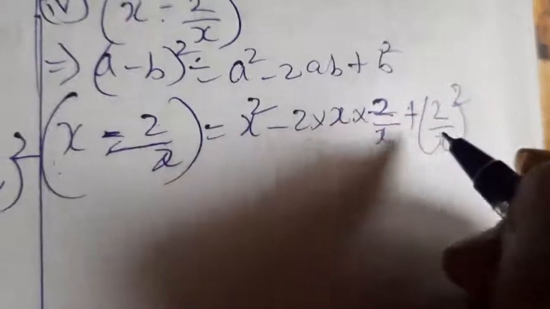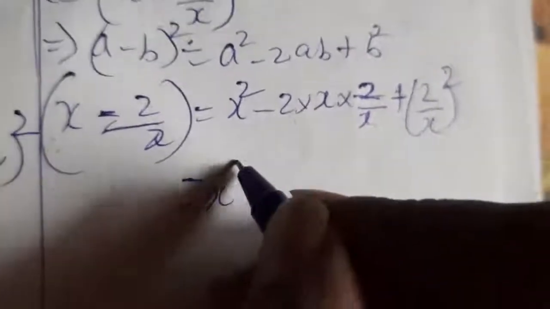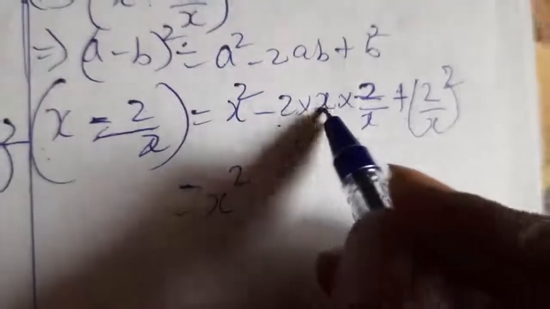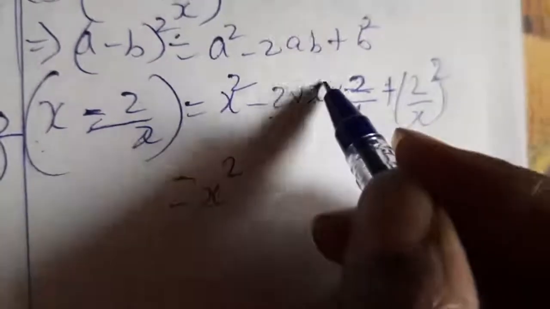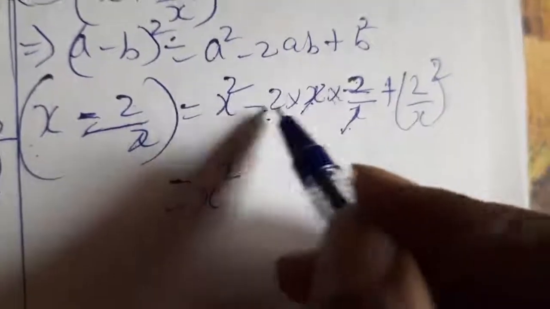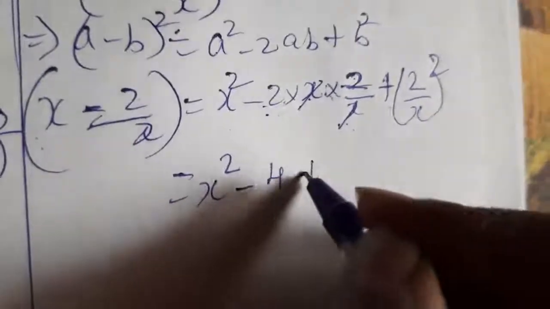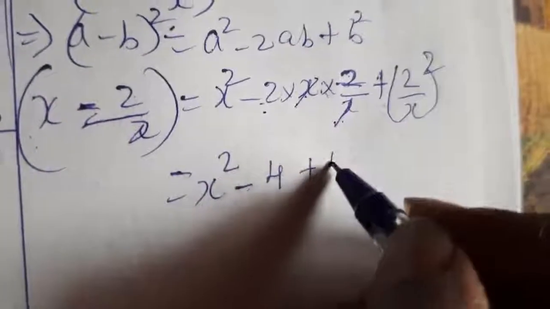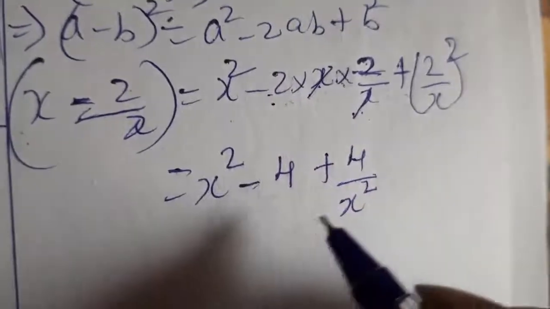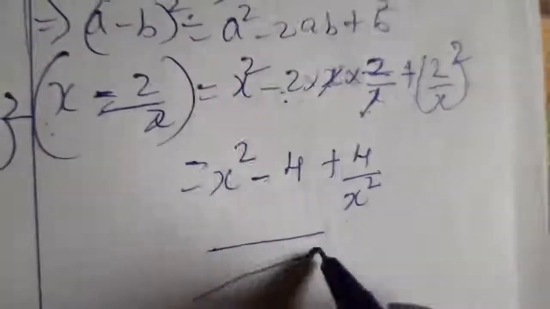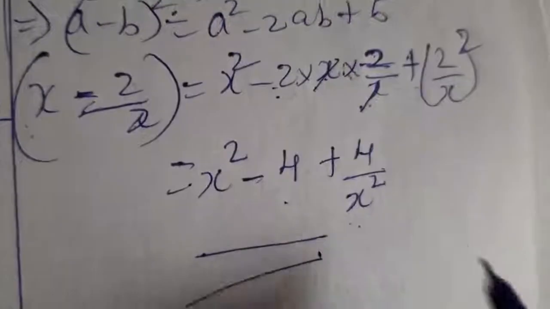Now further it is equal to x square minus 2 into x into 2 upon x. Since it's multiplication, this x and this x can be cancelled. So 2 2s are 4. So that is minus 4 plus 2 square is 4 upon x square. So 4 upon x square. This is your answer. x square minus 4 plus 4 upon x square.